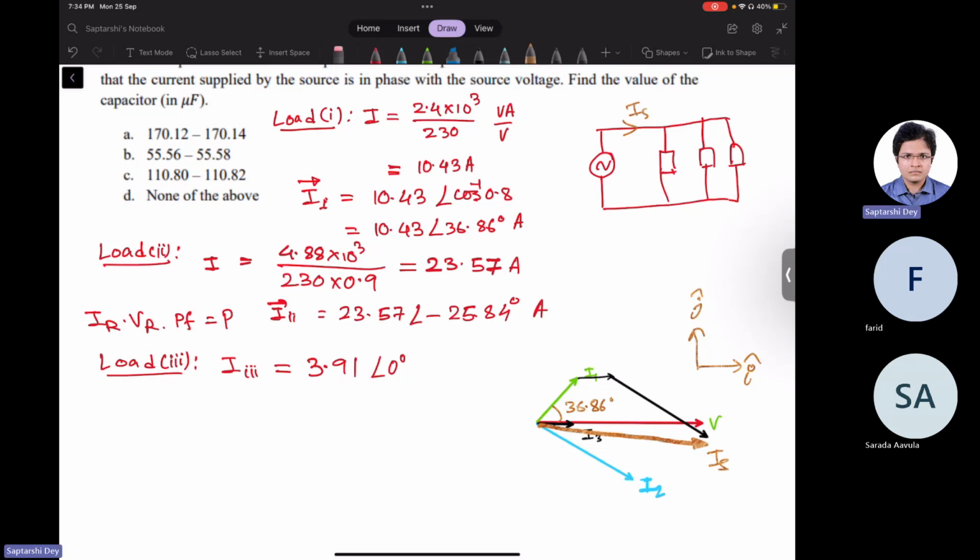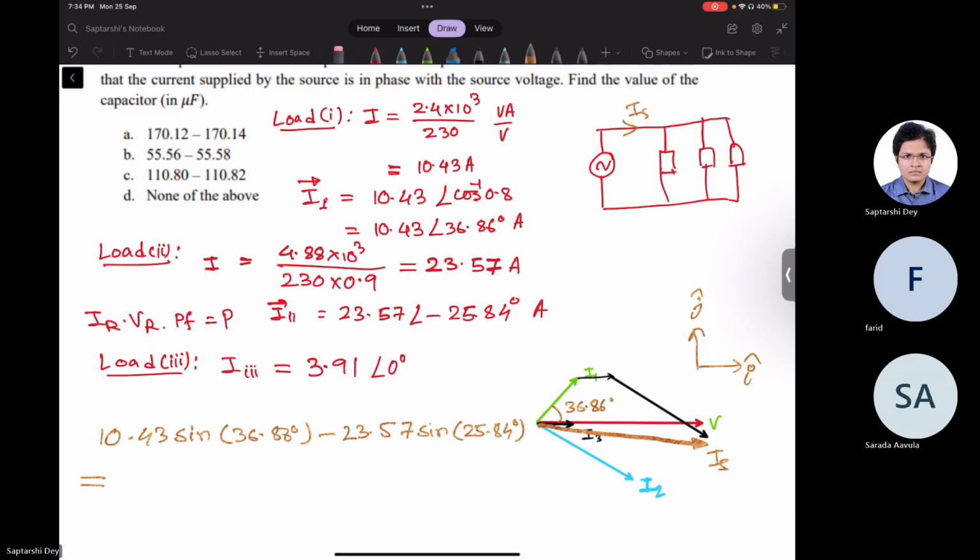So if I find out the J-axis of the total, what it becomes is, I'm doing, you tell me if you don't understand, 10.43 sine, the reactive component basically, 36.86 degree, that is upwards, and for the other one it's downwards, so minus 23.57 sine 25.84 degree.